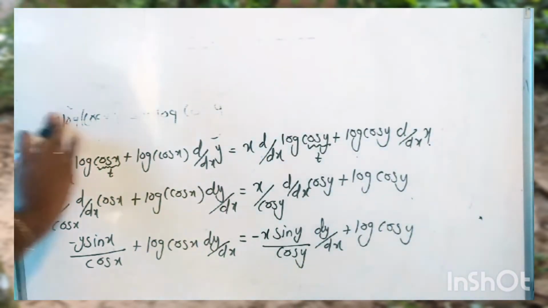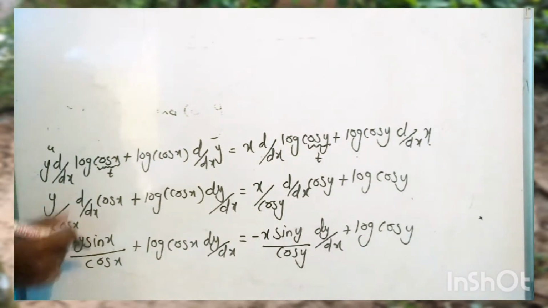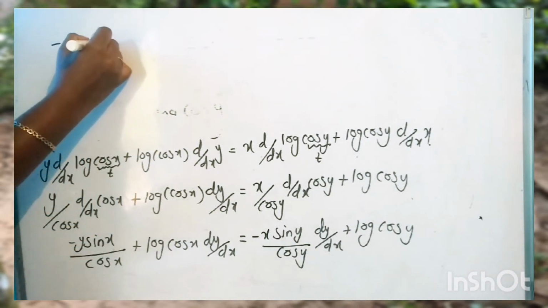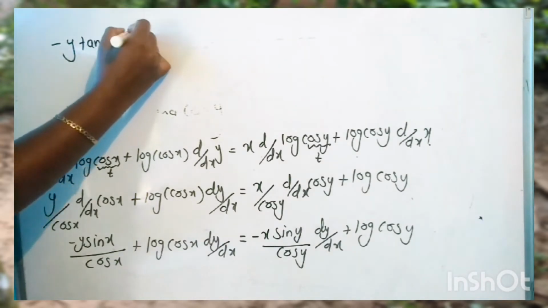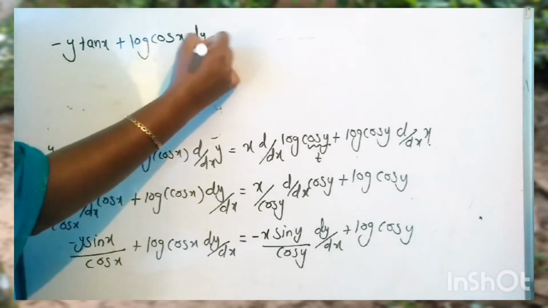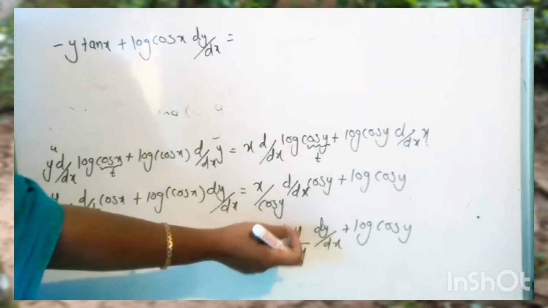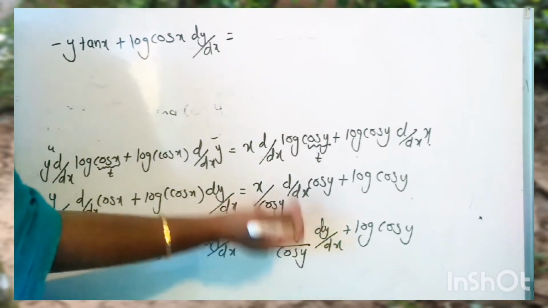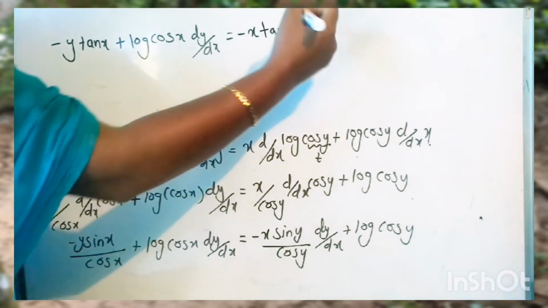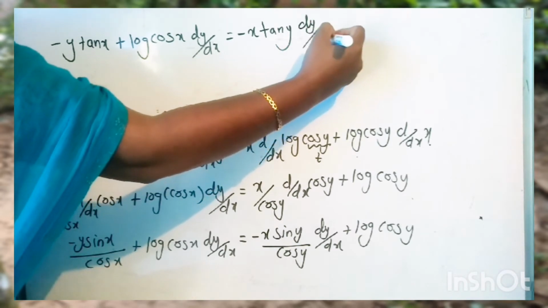Now minus y sin x by cos x we can write as minus y tan x, plus log cos x into dy by dx is equal to, here also sin y divided by cos y, that is tan y, into dy by dx plus log cos y.